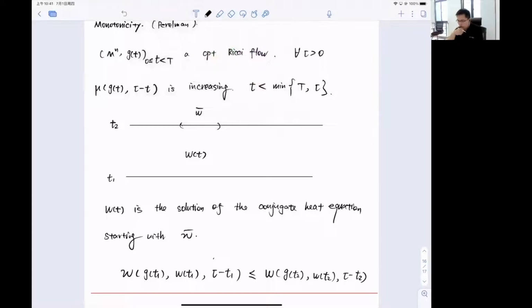Now, if we try to generalize this monotonicity for any Ricci flow, for instance, a Ricci flow on a non-compact manifold, we immediately run into some problems. One reason for this is we do not have a heat kernel for general non-compact Ricci flow. So the heat kernel might not exist because the curvature at spatial infinity might be very large. The second obstacle for this generalization is we might not use the integration by parts.